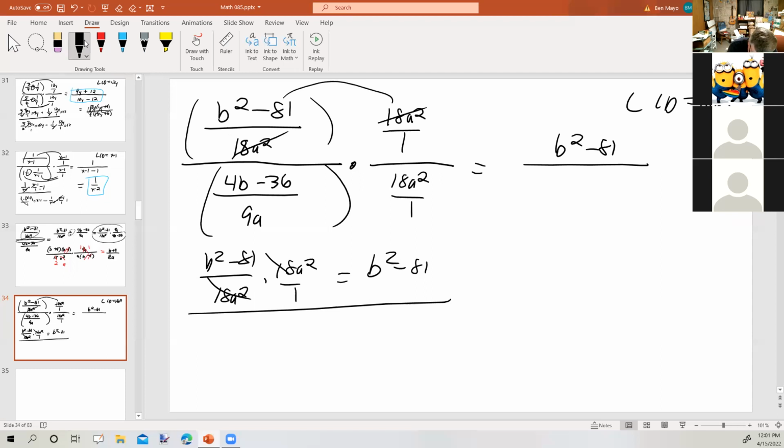On the bottom, 4b minus 36 over 9a times 18a squared over 1. 18 over 9 is 2. A squared over a is a. So now you've got 4b minus 36 times 2a, which would be 8ab minus 72a. I think that's right. So 8ab minus 72a.